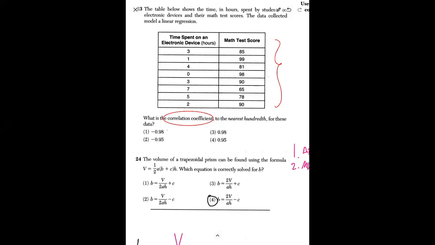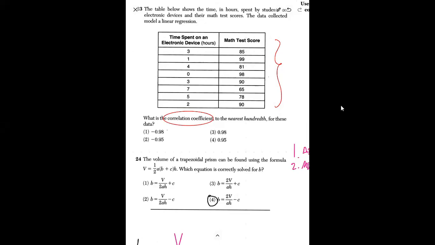I am going to do question number 23, and I'm going to show you how to use the calculator. You have to use the calculator in order to come up with the correlation coefficient, and I'm going to show you how to come up with that number. Right, so this question says that they give us a table, and it has two columns.